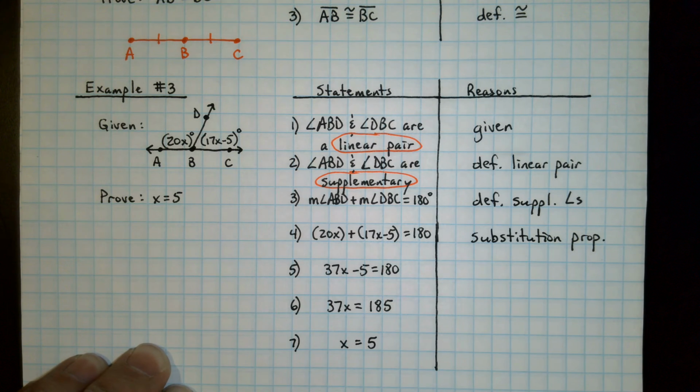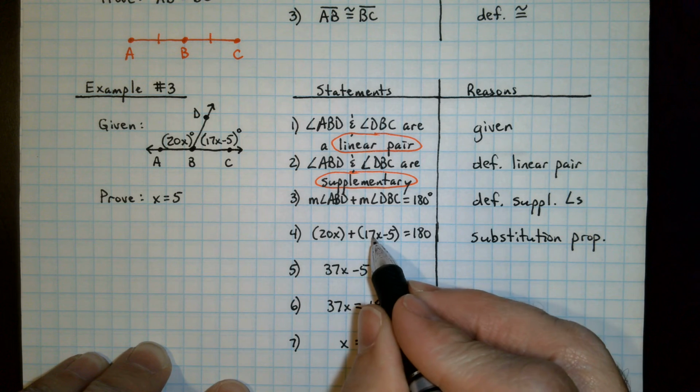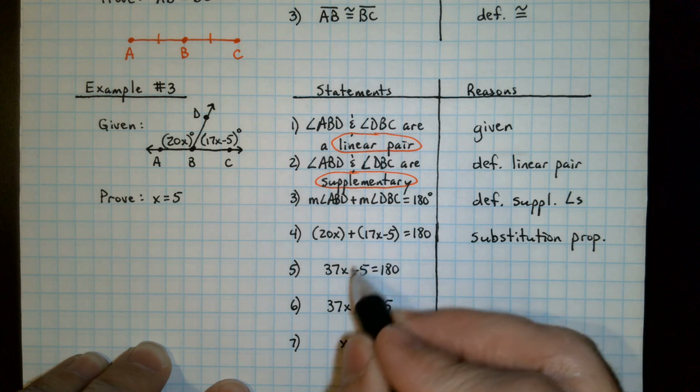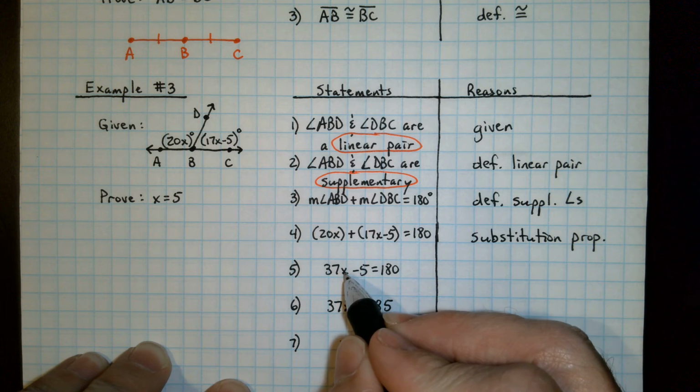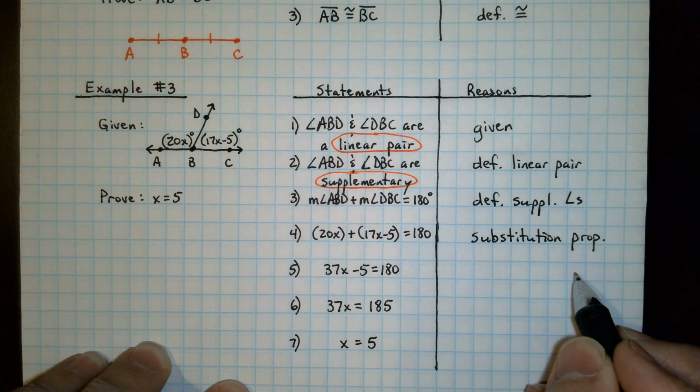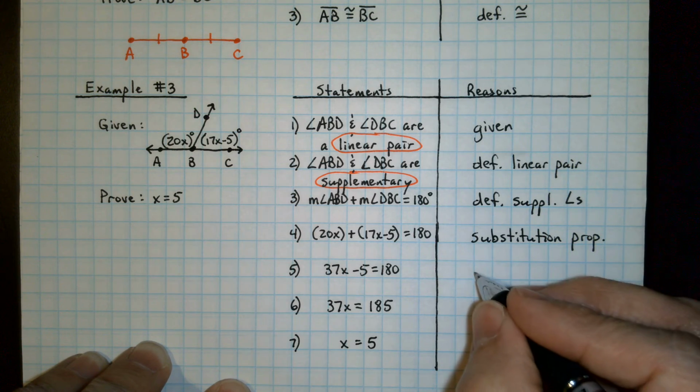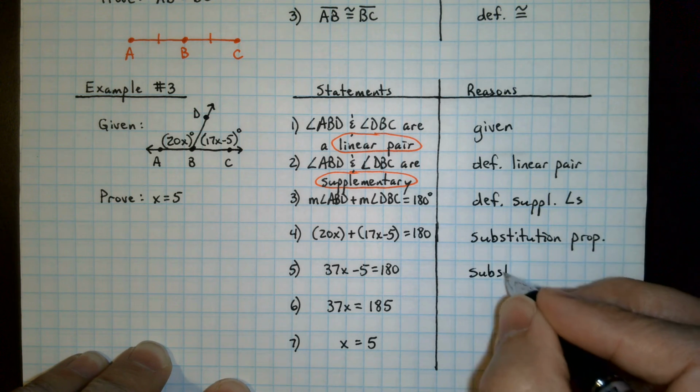Then the algebra takes over from this point to the end. 20x and 17x go together. They're on the same side. We combine those terms. You could write combine like terms here or simplify, but I think you could say substitution property again.